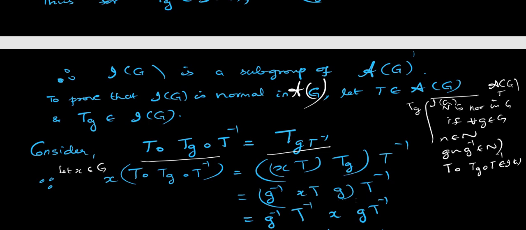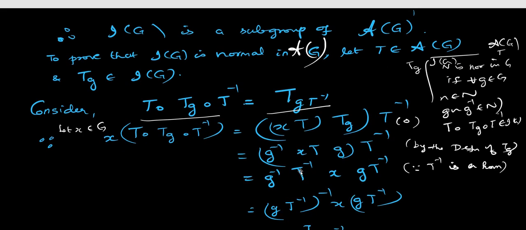And T inverse being a homomorphism. This step is by the definition of Tg, this is by the definition of composition of mappings, and this is because T inverse is a homomorphism. T inverse is a homomorphism because script A(G) is a group, so T inverse exists as a homomorphism.